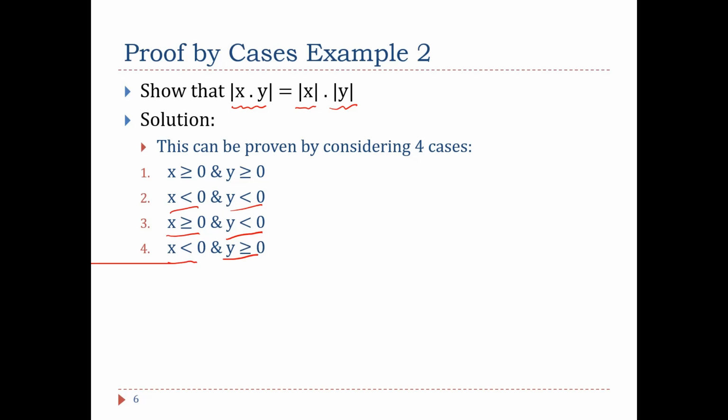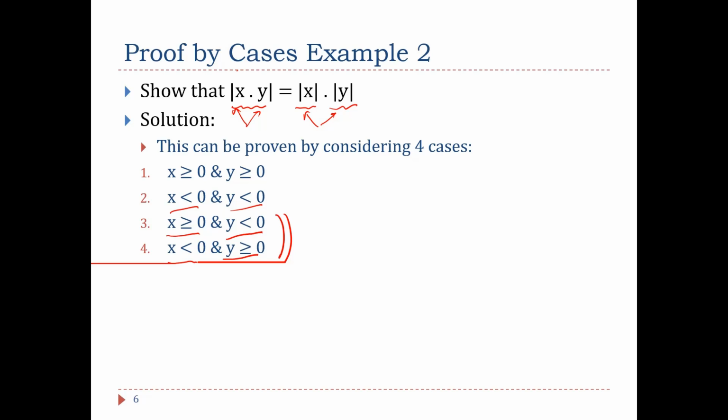Okay, well, maybe currently you are thinking that cases 3 and 4 are quite the same. Okay, because the multiplication operator here is commutative, and when you consider the case where x is positive and y is negative, it's the same case as when you consider that y is negative and x is positive.